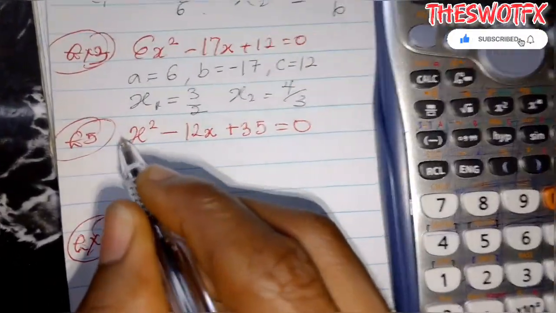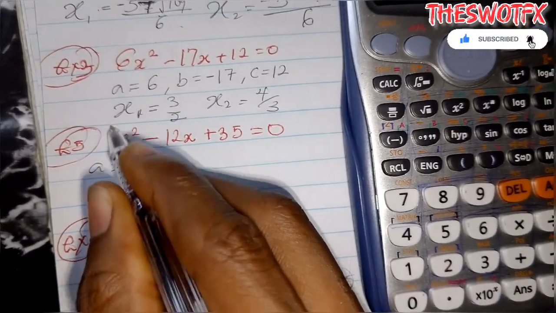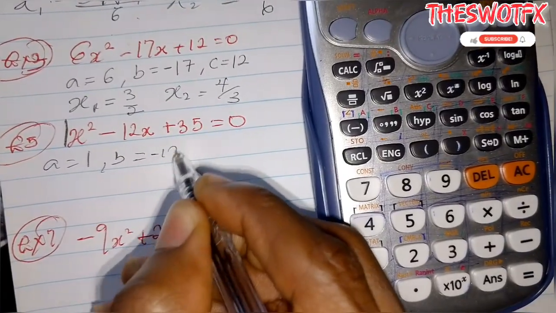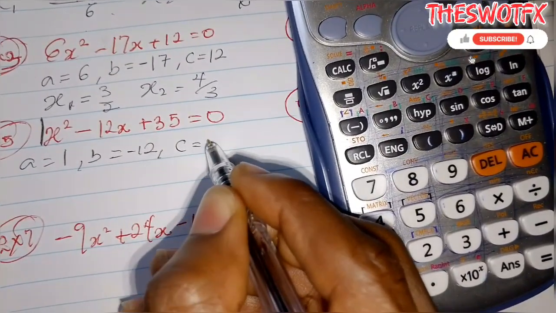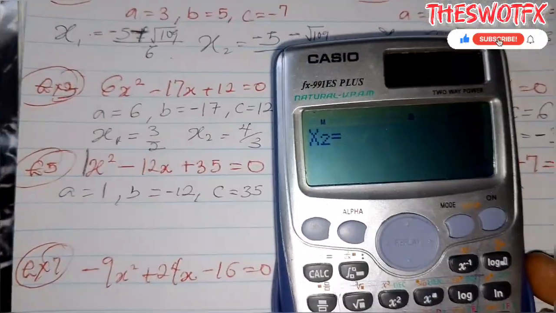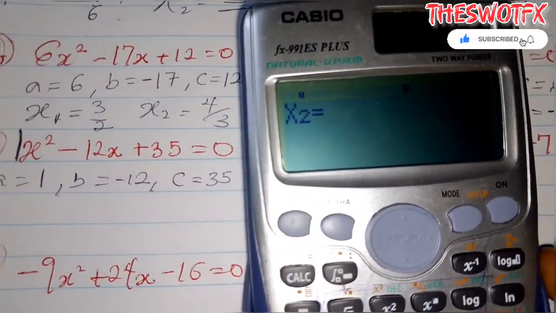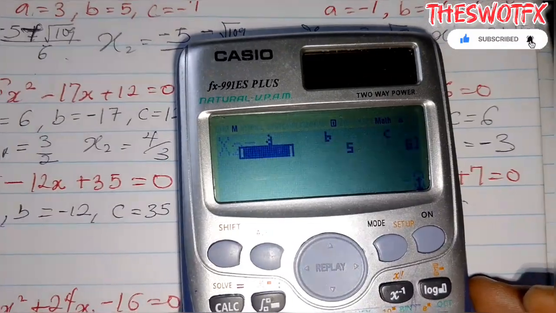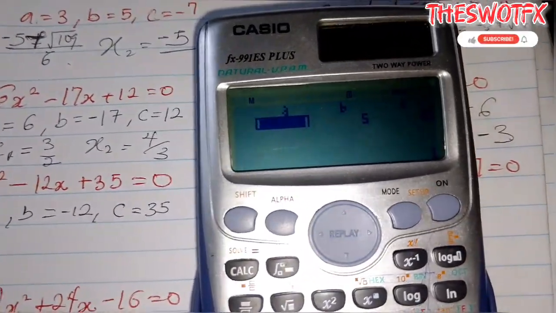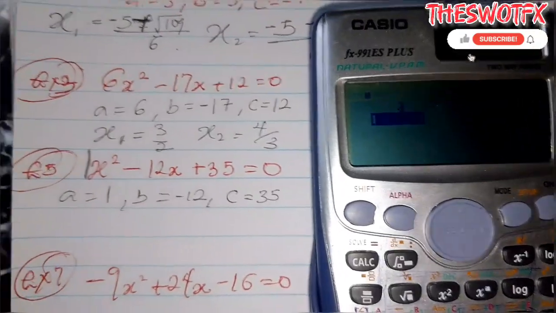So let's go to number 5. Now number 5, our A is 1 here, this is the coefficient here. Then our B is -12, then our C is 35. So let's go straight to the calculator, press AC. Don't forget, it's still in equation mode, so all you just need to do is input your value.